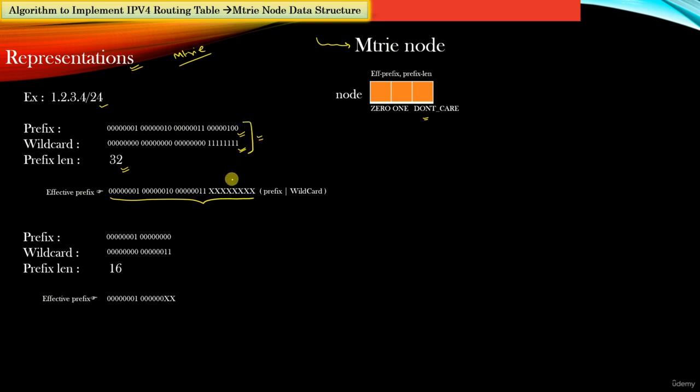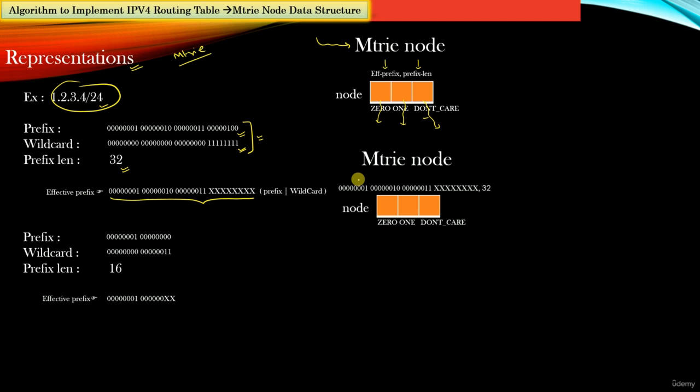All right. So as I said, each node will store the information regarding the route. Each node will store the effective prefix, the prefix len, and certain pointers which point to its child nodes. The child nodes we will discuss later when we discuss the algorithm. So the mtry node which will be used to store this particular route would look something like this.